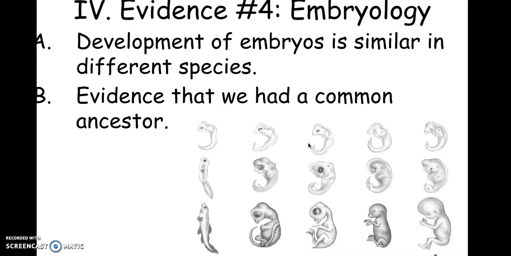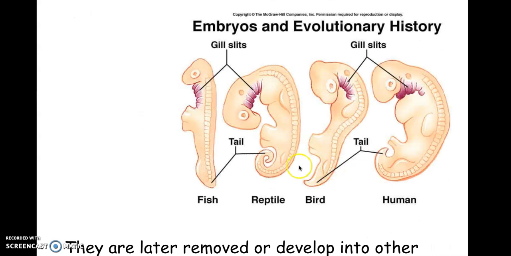Evidence 4 is embryology. Development of embryos is similar in different species. Evidence that we've had a common ancestor. If you compare embryos of fish, tortoise, chicken, rabbit, and humans, you can see the similarities in the embryos. They are later removed or developed into other structures.